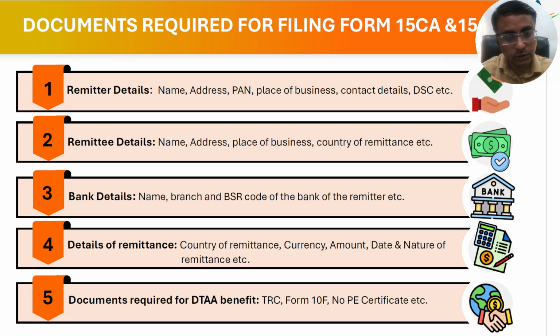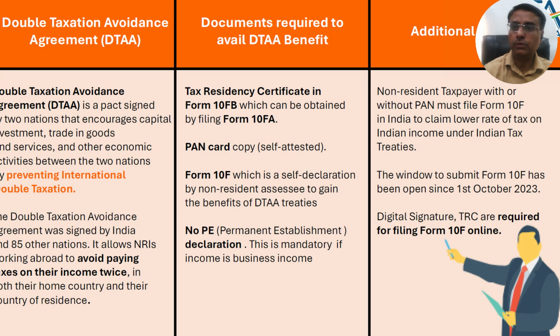They want to ensure that you don't have a permanent establishment in India, so that the higher tax rate of 40% in case of a foreign company is not applicable. This NoPE is a normal kind of declaration; you can ask from us. We will give a link to the NoPE declaration format in our description also. So these are the DTAA benefit additional information.